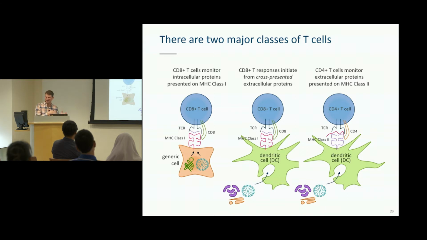You're trying to get it into dendritic cells, but to initiate CD8 responses. So there's a lot of research that goes into how you get the most cross-presentation to occur, and it's not a very well understood process. But this is often how CD8 T cell responses are originally started.